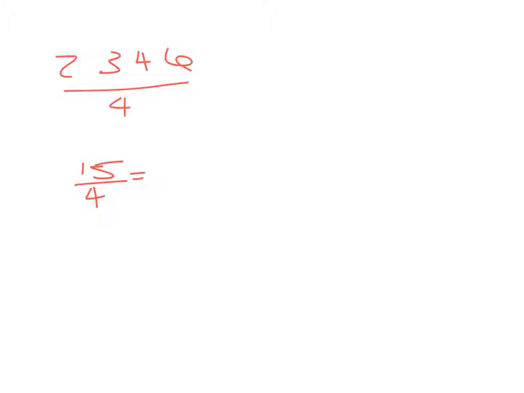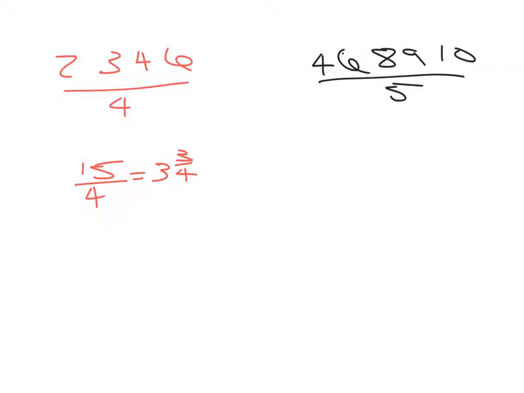That would be the average, which would be 3 and 3/4. And let's say that I did 4, 6, 8, 9, and 10 and found the average: 4, 6, 10, 29, 37, and that's going to be 7 and 2/5 as the average.